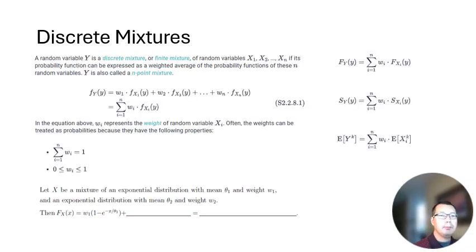Let's first talk about mixtures. There are two kinds of mixtures, the discrete mixture and the continuous mixtures. Why do we need the discrete mixtures? For example, if we are modeling a homeowner insurance, claims of the homeowner insurance can be from different situations.